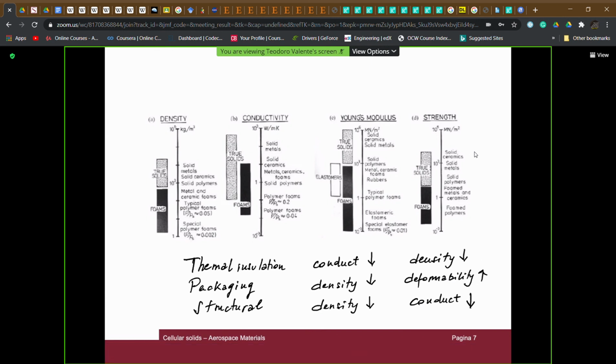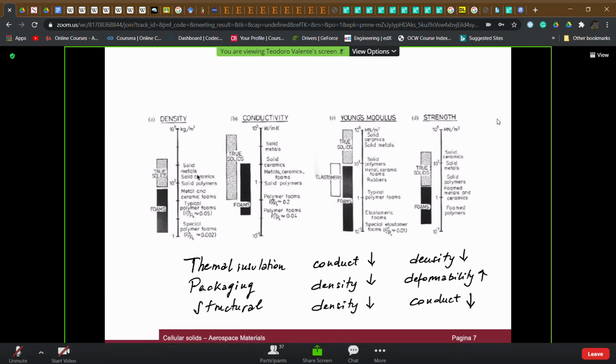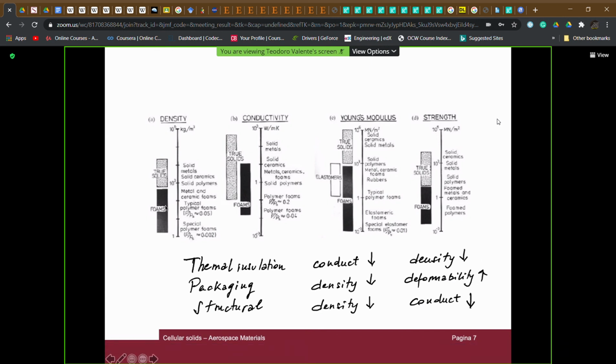This is important. This high value of thermal insulation can be seen, for example, by looking here at the bar of conductivity, which is very low, as well as, we said, the density. If we remember that they are essentially void, the density you see here is very low, while the deformability is high, because the values of the Young modulus are also very low.